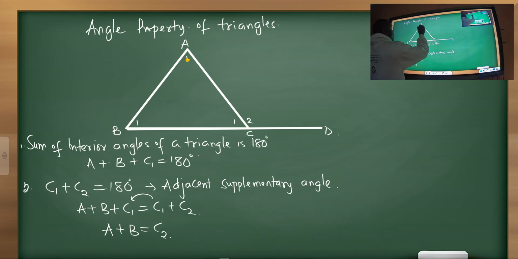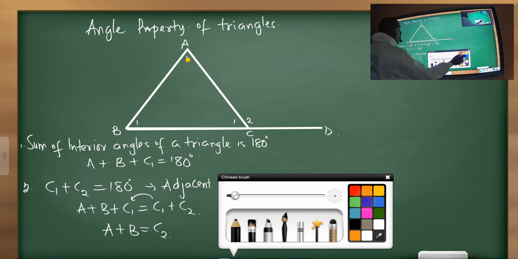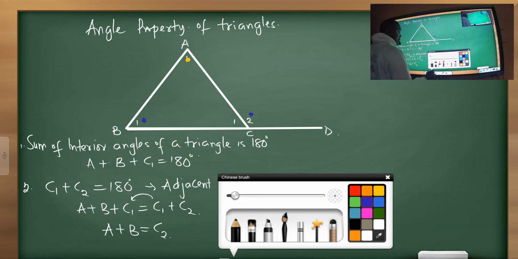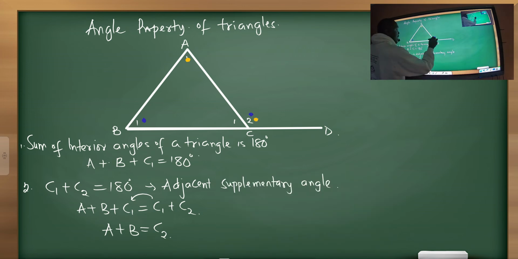This is lovely. A plus B. Let's do this. Yellow one there. Let's put a blue one there. Now, both of them should be equal to that. So I'm going to use my color code to do that.